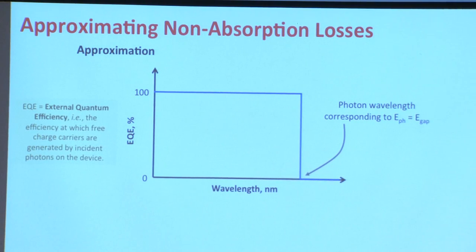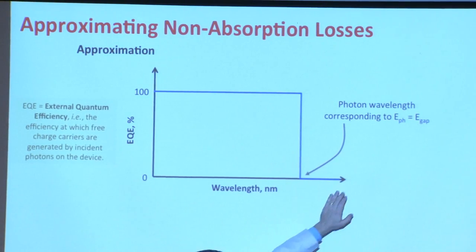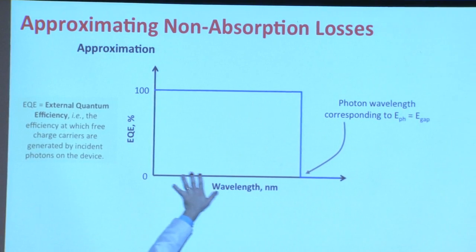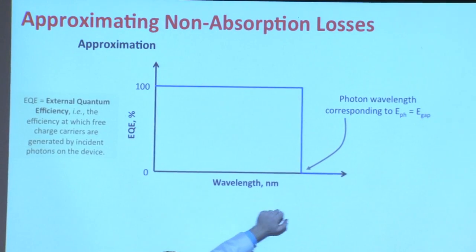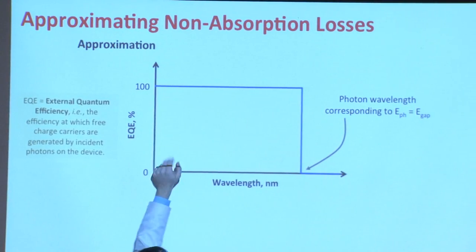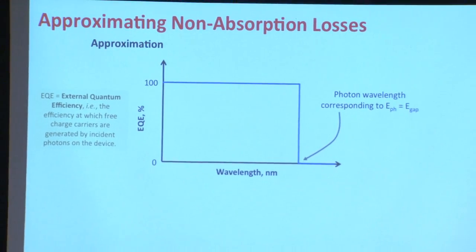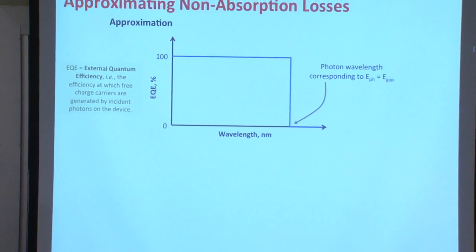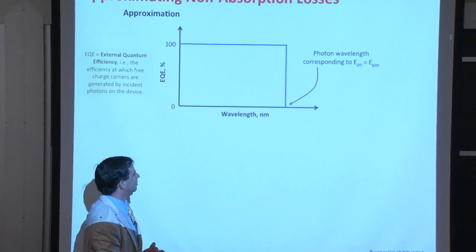If it has an energy less than the band gap, it will not be absorbed. And that's what this plot right here is representing. We have wavelength here, longer wavelength, lower energy, smaller wavelength, larger energy, and at some point we have the turn on of absorption of our device because we have a band gap at that energy.